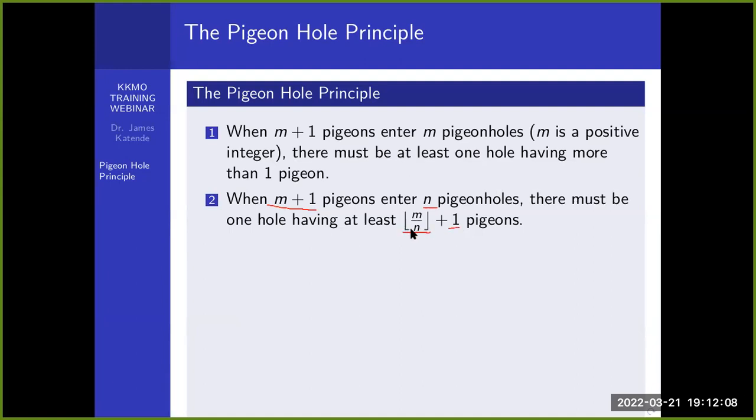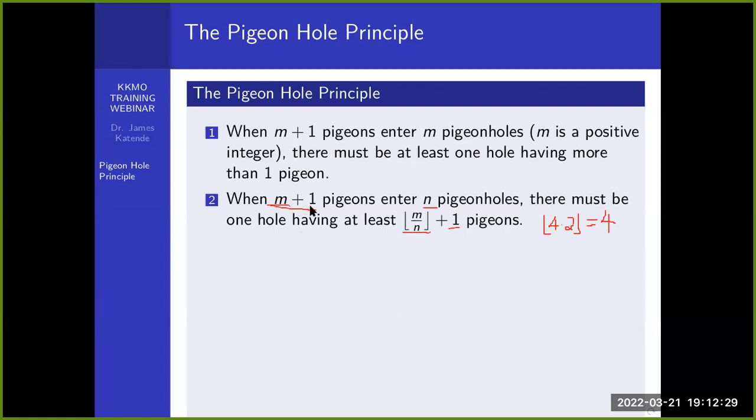This involves a floor function. The floor function of a number like 4.2 simply gives me the largest integer that is not larger than 4.2. So the floor of 4.2 is 4, or the floor of 7.9 would be 7, and so on. So that's what it means.